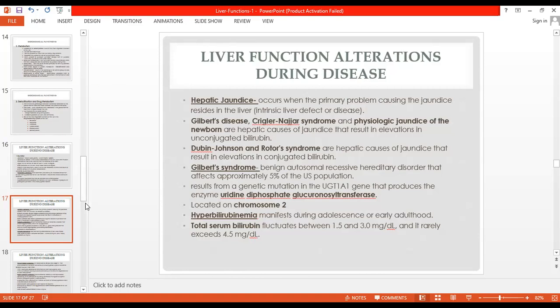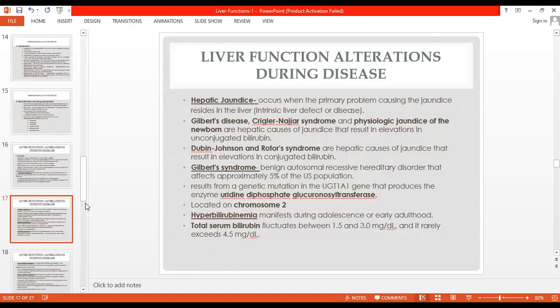The molecular basis of Gilbert syndrome in whites is related to the uridine diphosphate glucuronosyltransferase, or UDPGT, superfamily, which encodes enzymes that catalyze the conjugation of bilirubin. The UGT1A1, the hepatic 1A1 isoform of the UDPGT, contributes substantially to the process of conjugating bilirubin.